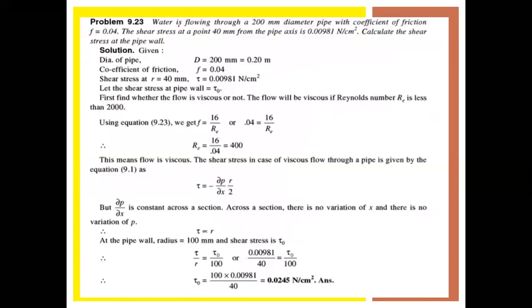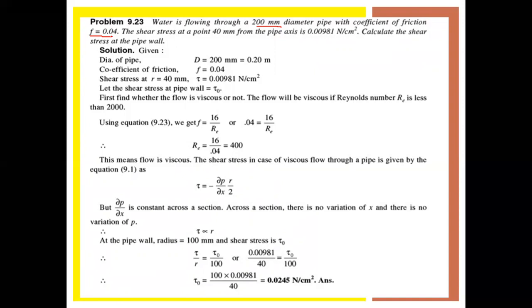See the problem. Water is flowing through a 200 mm diameter pipe with a coefficient of friction f equal to 0.04.